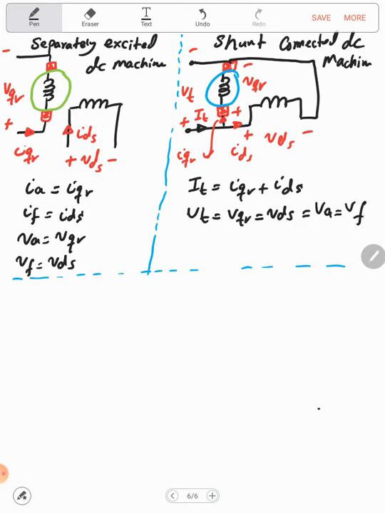Now, we can also discuss what if the field is connected in series with the armature.